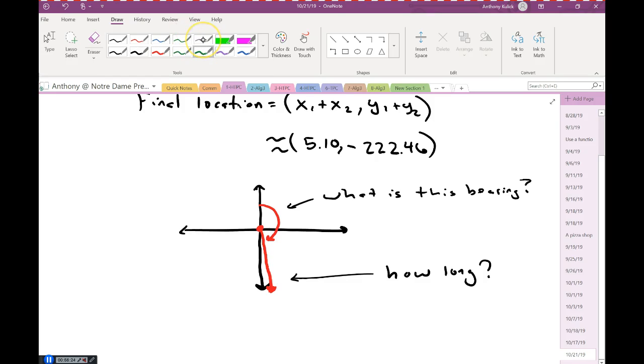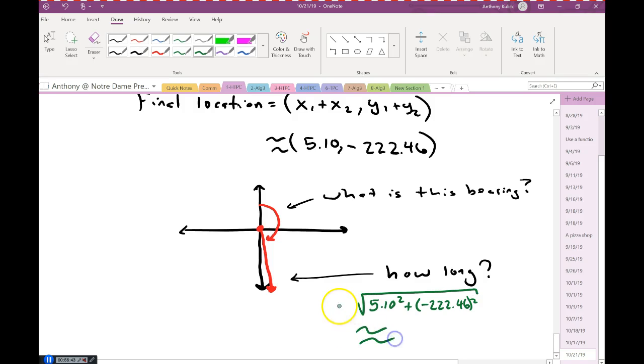Yeah, I could use basically the distance formula here, but since the origin is one of the points, this resolves down into the Pythagorean theorem. Which comes out to be 222.51.